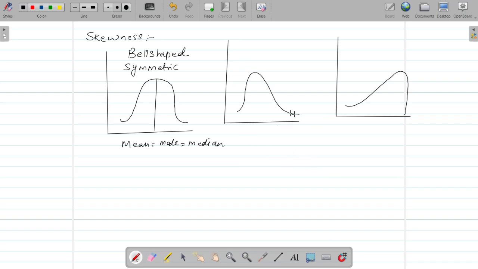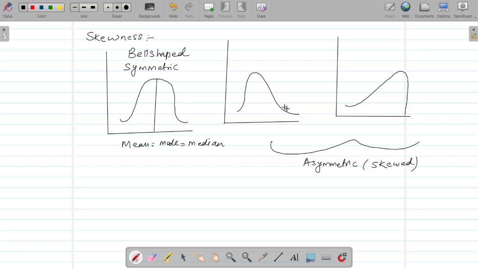But when you have the curve more tailed on the right side or left side, then we call it asymmetric. So both these curves represent the asymmetric distribution. Right? And asymmetric is also called skewed, right?